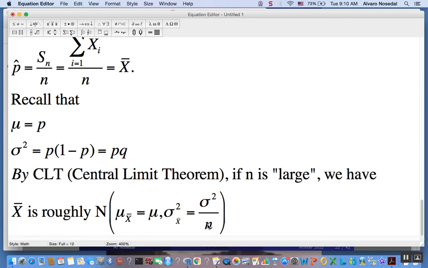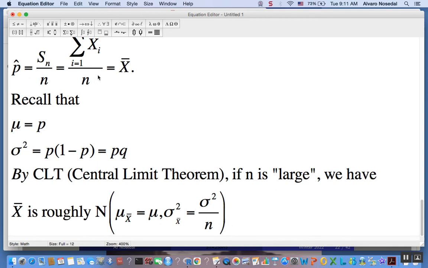By n. Make sense? So we know by the central limit theorem that the mean of x bar is mu, the same as for a single observation. And then the variance of x bar is going to be the variance of a single observation divided by the sample size, n. Make sense?